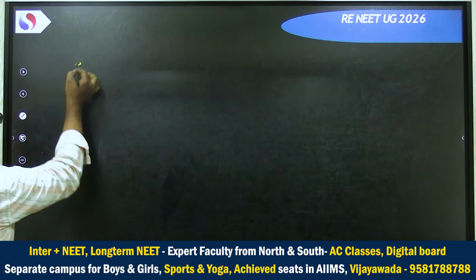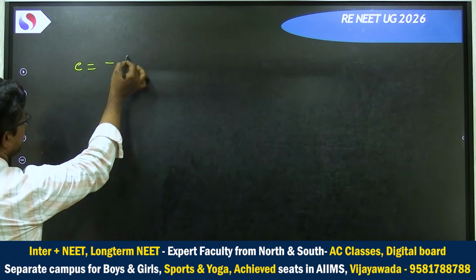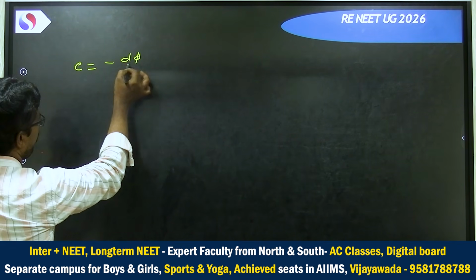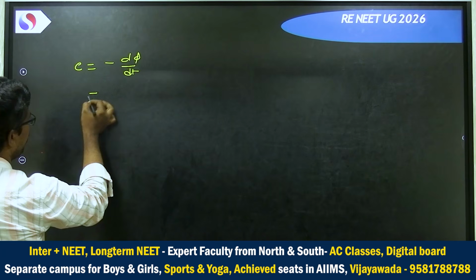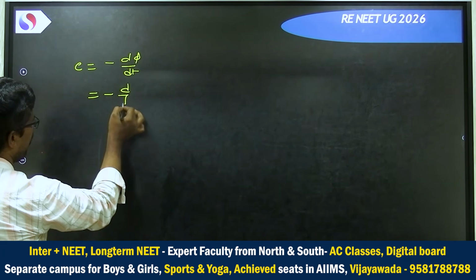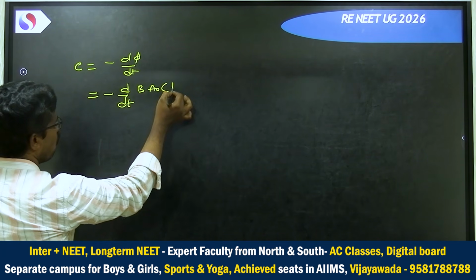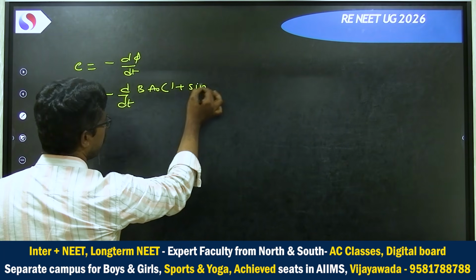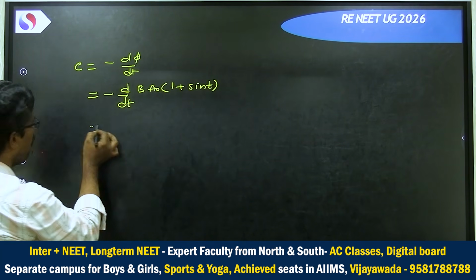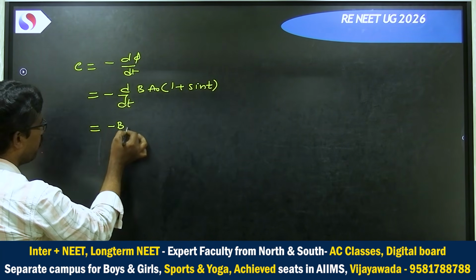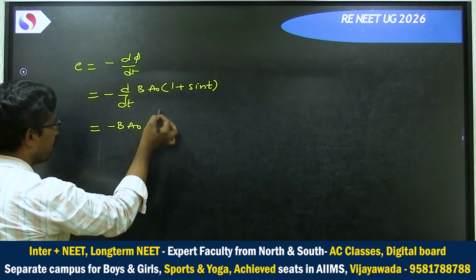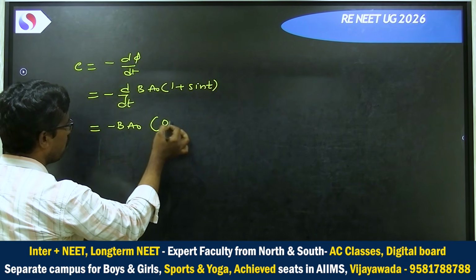Here EMF E is equal to minus d phi by dt. That is equal to minus d by dt of phi, which is B into A naught into 1 plus sin t. We have minus B into A naught, which is constant. Differentiation of a constant is 0.